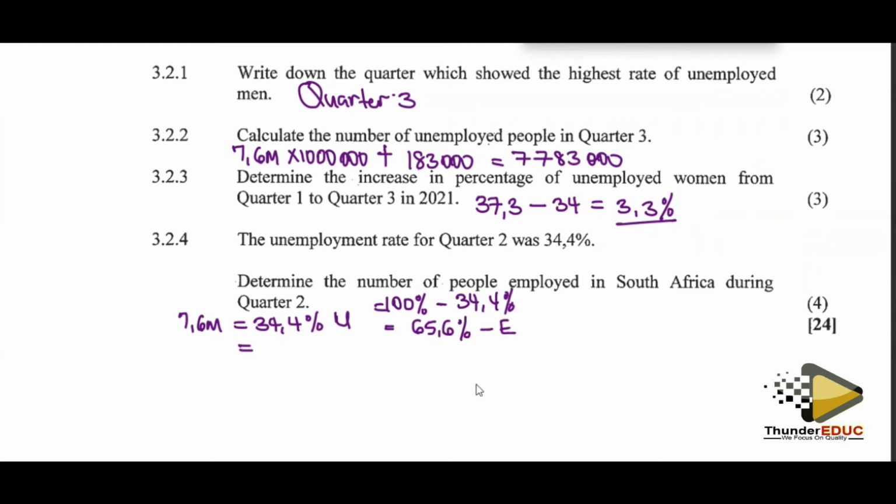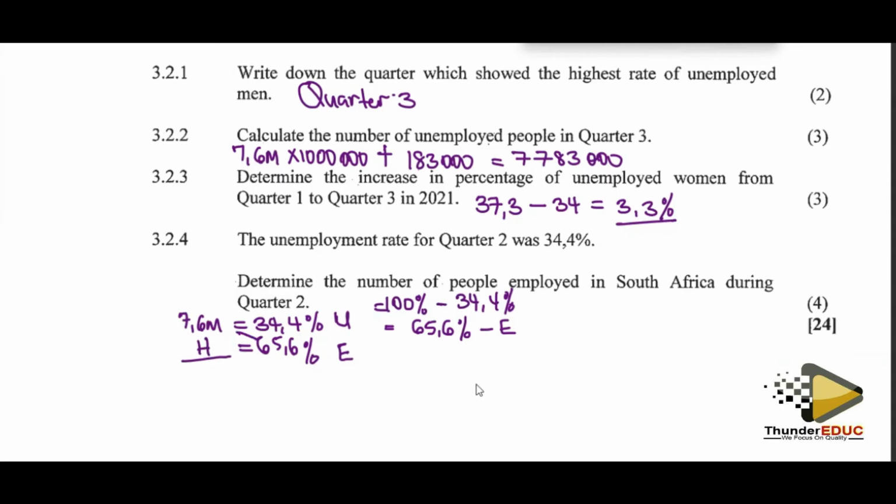These are employed. So you come here and ask yourself, if 7.6 million equals 34.4%, what number will be here?